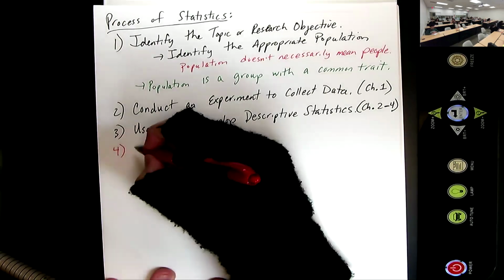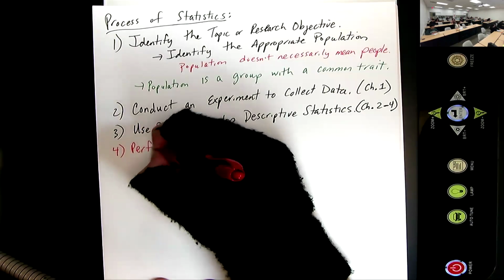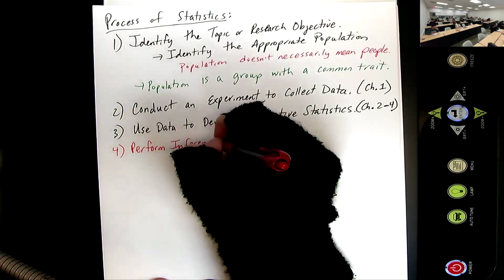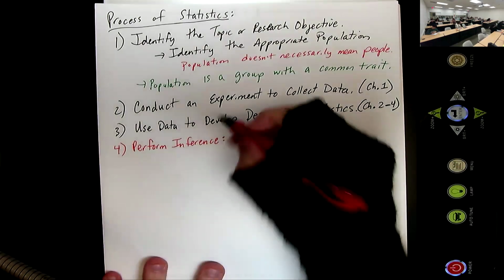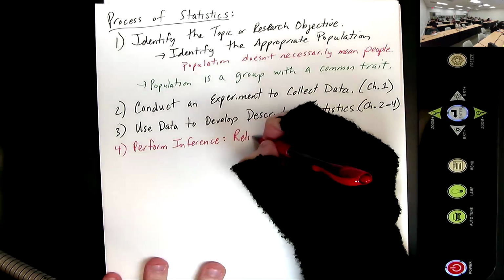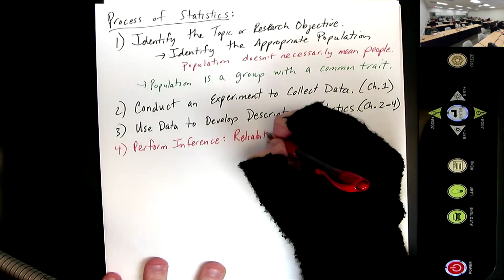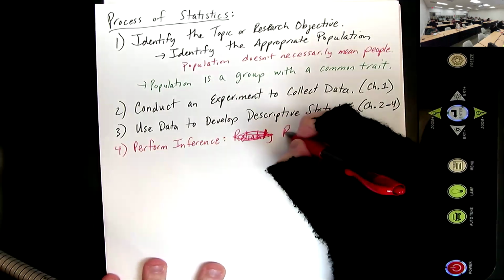Step 4 is called performing inference. And this is going to have two parts, I'll describe that more in just a second. We're going to talk about the reliability of what we do.